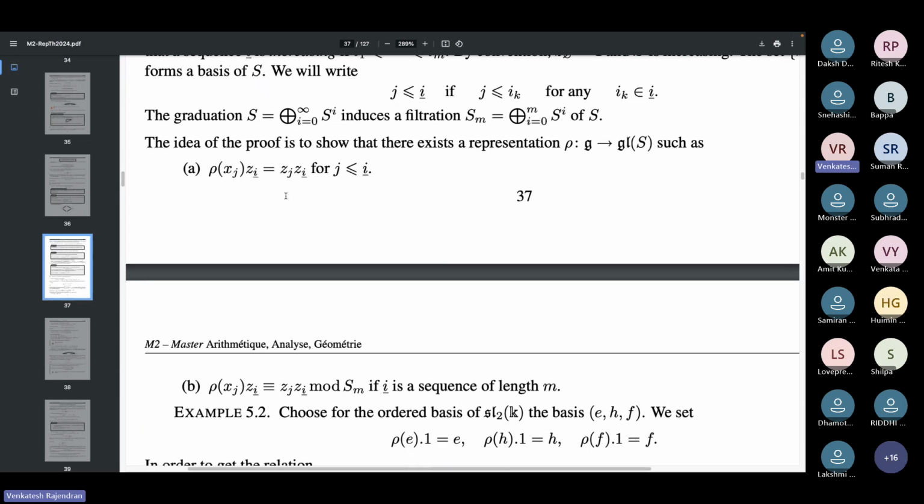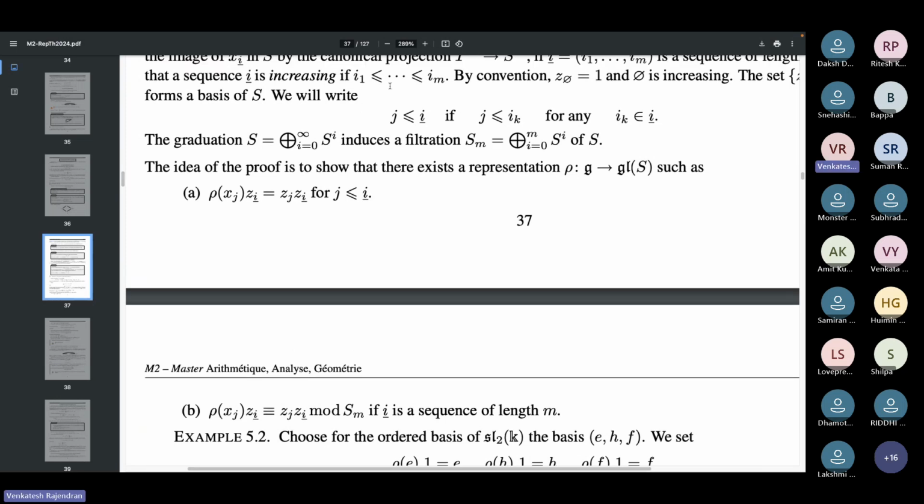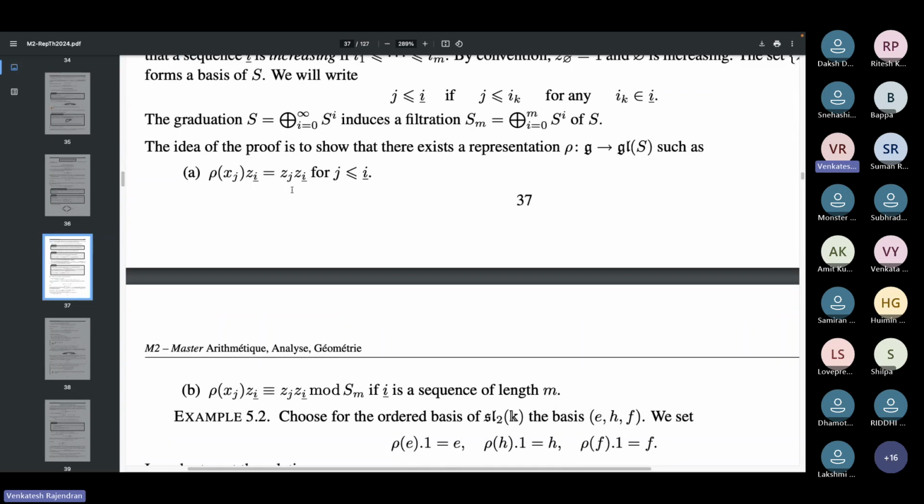This holds if j is less than or equal to i1, where the monomial is already written in increasing order, i1 less than or equal to ... less than or equal to im. Whenever j is less than or equal to i1, then you multiply by zj.